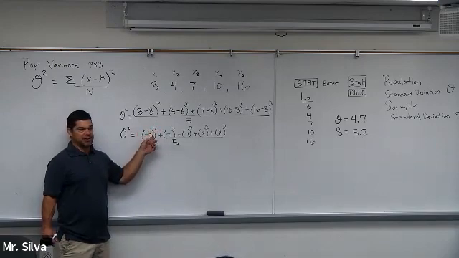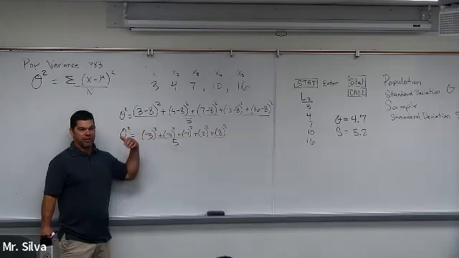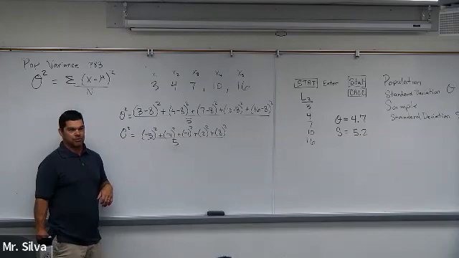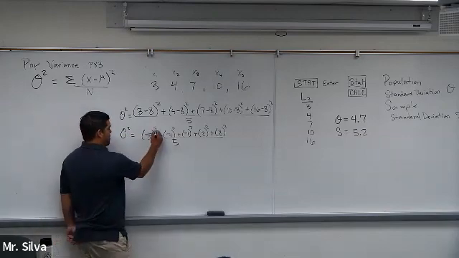If you punch this in your calculator, -5 squared, you'll end up with a -25, but variance and standard deviation are always positive numbers. Okay, so -5 squared is 25.